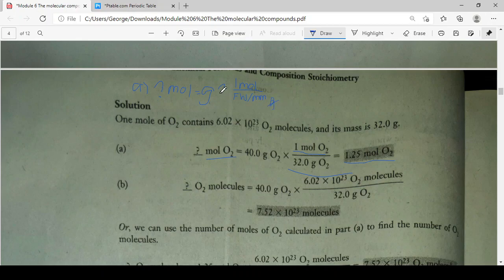Therefore, it can be canceled out. And remember, when you are finding your mole, mole is what remains. Mole of your given element.